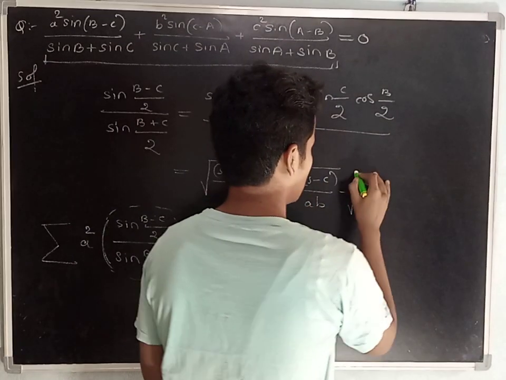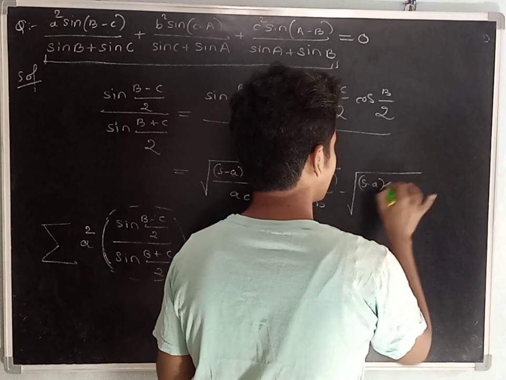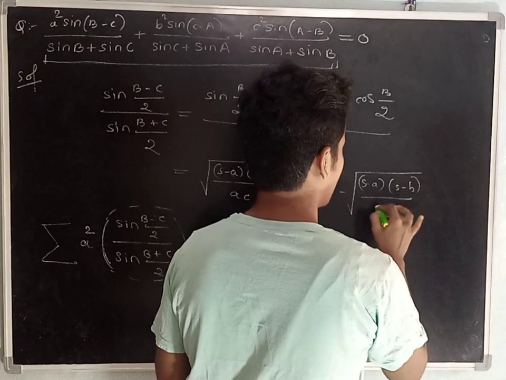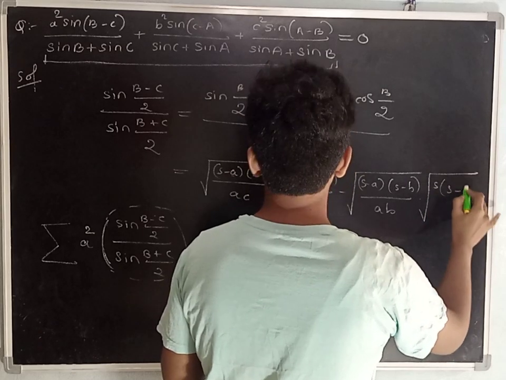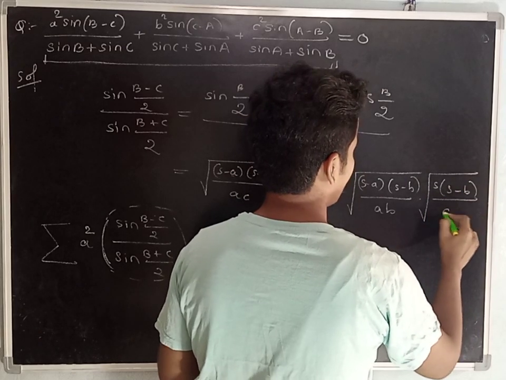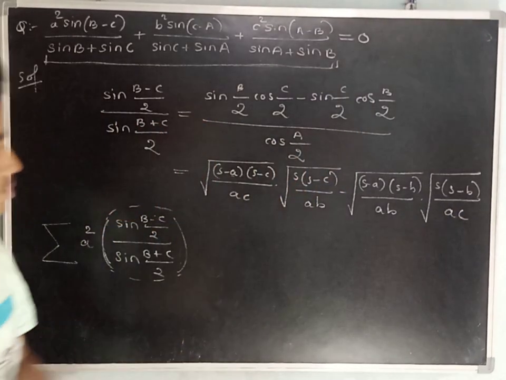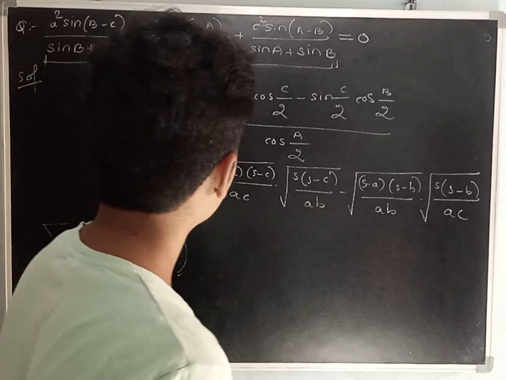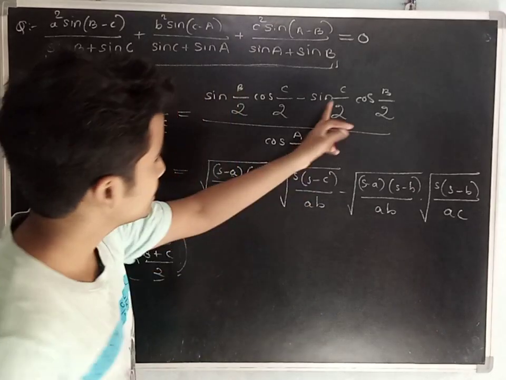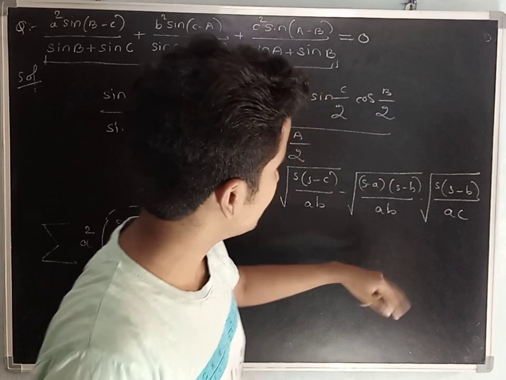Similarly, minus root of (s minus a)(s minus b) by ab into root of s(s minus b) by ac. Sin c by 2 is (s minus a)(s minus b) by ab.